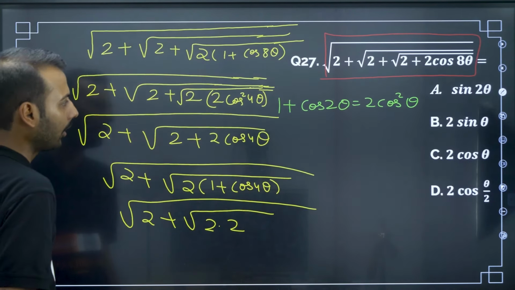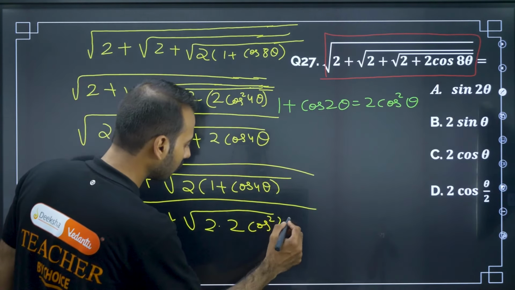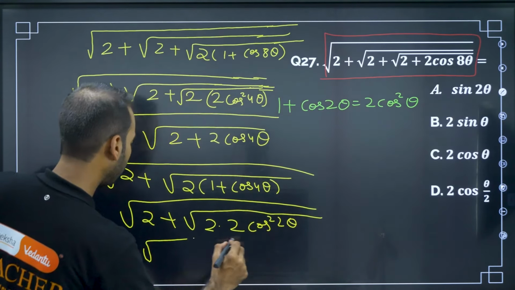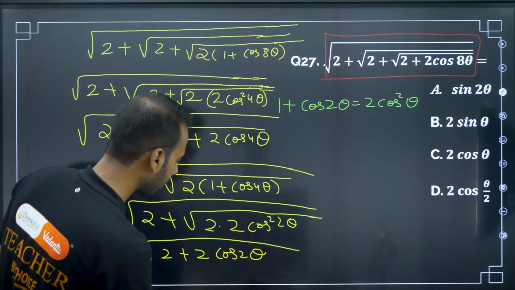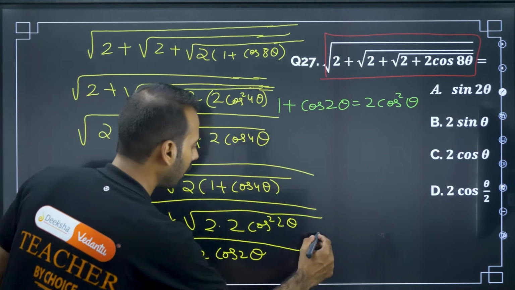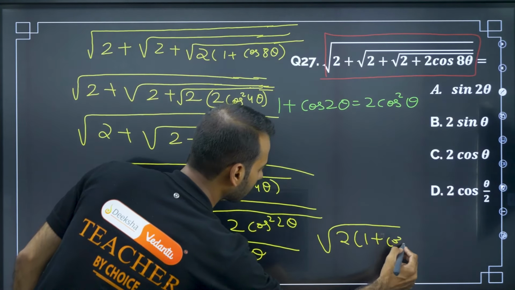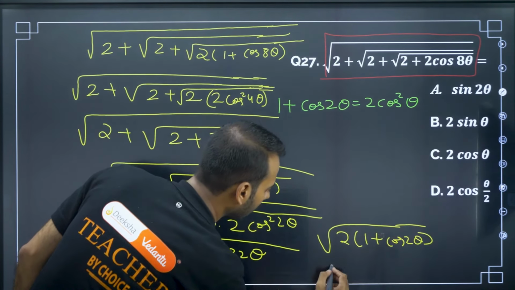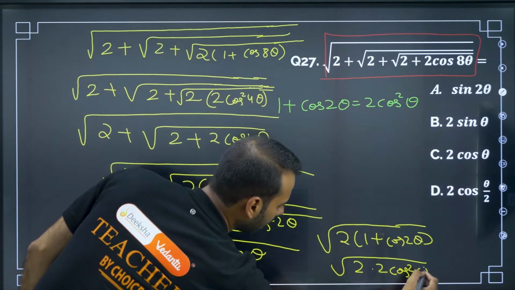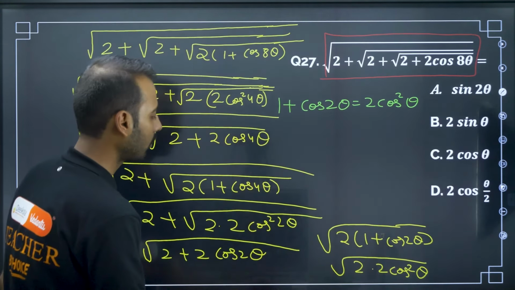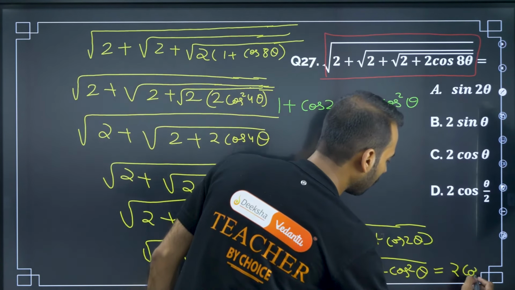Cos 4 theta, if I write that as 2 cos square 2 theta. So under root of 2 plus 2 cos 2 theta. Next, under root of 2, if I take 1 plus cos 2 theta, under root of 2 cos square theta, so further this can be written as 2 cos theta.